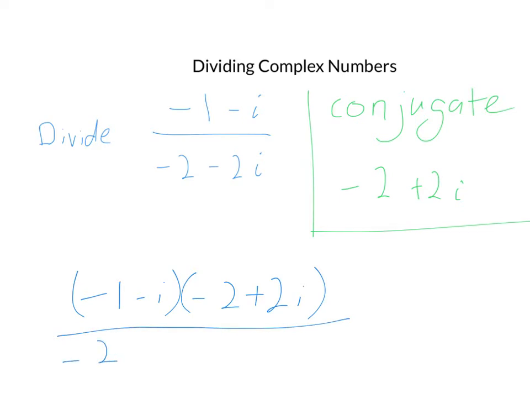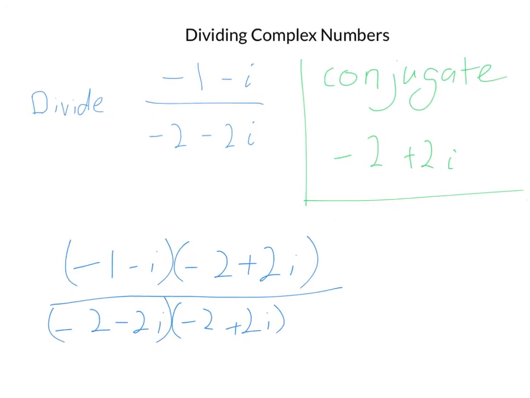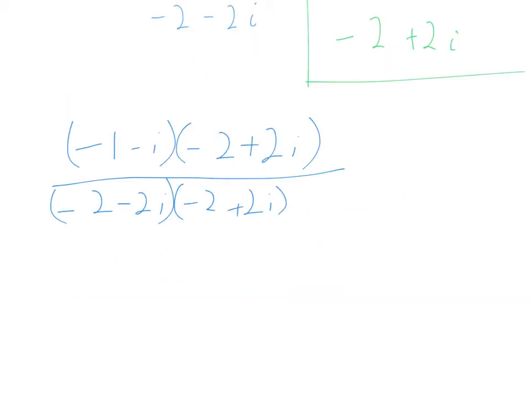So minus 2 minus 2i is going to be multiplied by our conjugate as well. Now once we've got this done, all that's left to do is multiply this whole thing out, multiply the top out, multiply the bottom out, and simplify. So as we go through this, you'll see why we multiply by the conjugate, because once we multiply these out and simplify, we'll get rid of a lot of the complicated stuff on the bottom of the fraction.